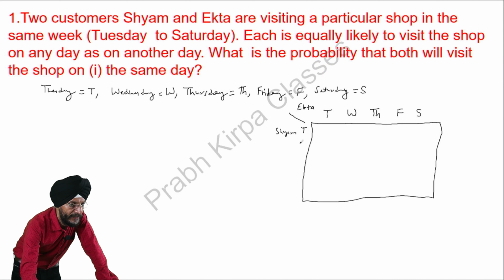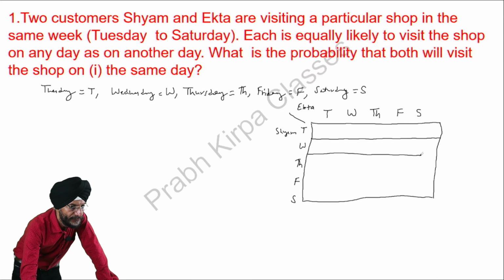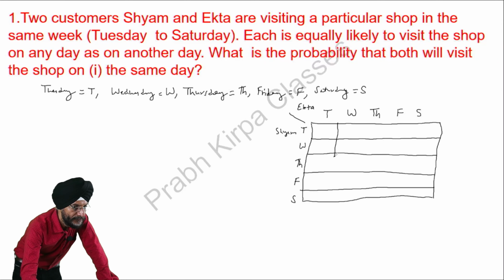Here we will again write the days: Tuesday, Wednesday, Thursday, Friday, and Saturday. Here we will draw rows. Here we will draw columns.